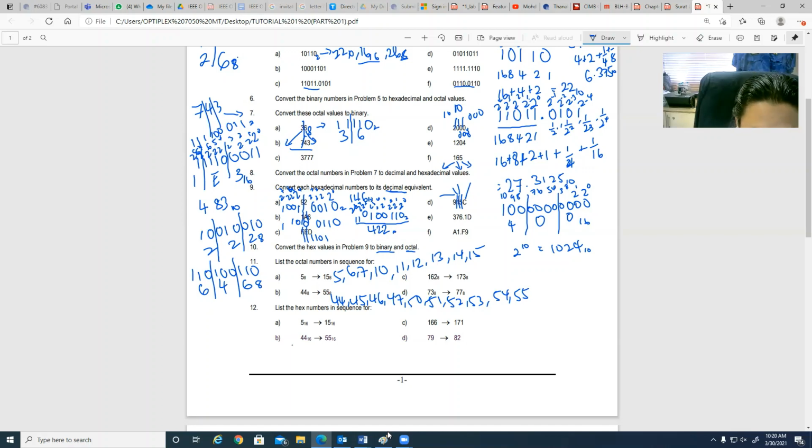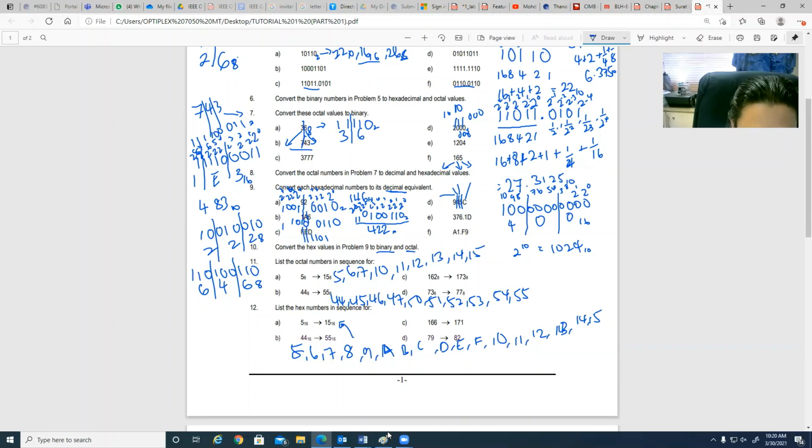All right, so we have 5, 6, 7, 8, 9, A, B, C, D, E, F, 10, 11, 12, 13, 14, 15. Alright. So this is the sequence for this one, and then you can try for this one, 44.